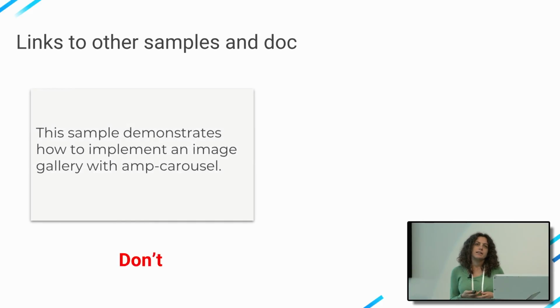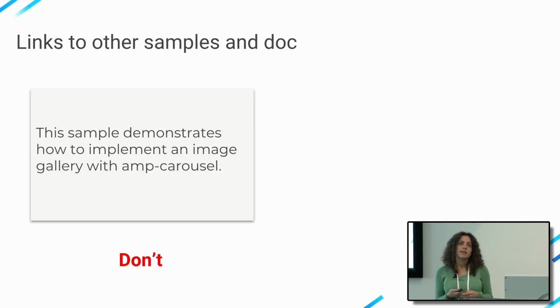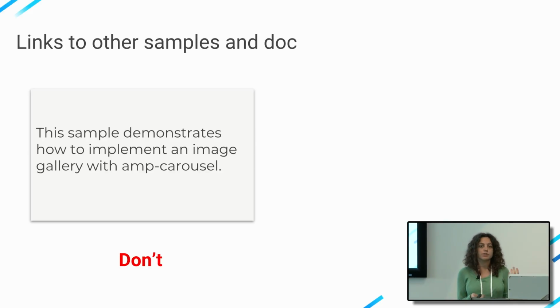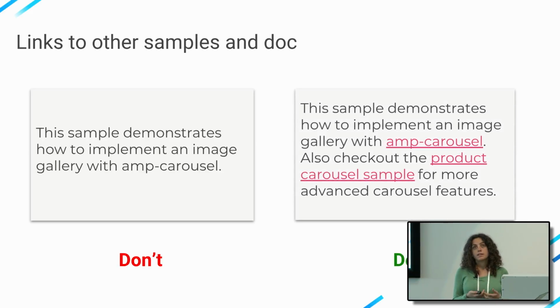So I have in here a sample in which we are writing the documentation for a sample for an image gallery, and we are just saying, okay, you can do this with AMP carousel. The best way to do that will be first of all adding, as I said, the link to the AMP carousel on the AMP documentation official website.